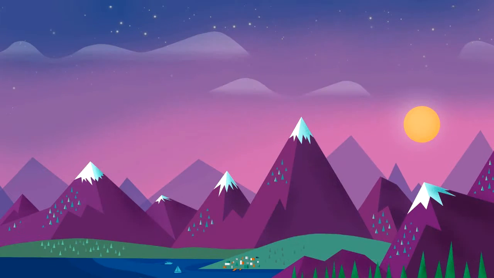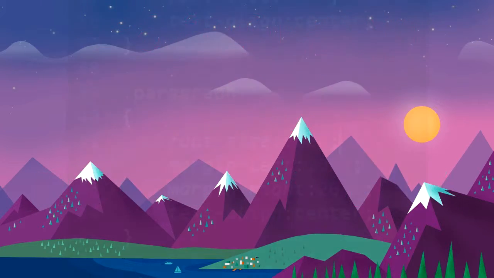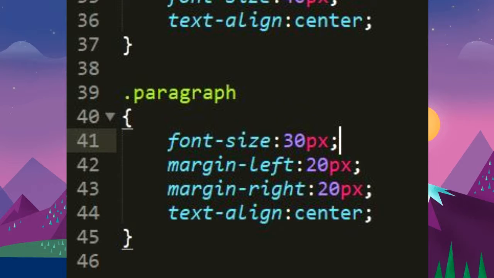That's nice. Then we are going to change the size of the paragraph and move it away from the block. In the CSS part, place dot paragraph, you open, font size 30px for the size, margin left 20px to move it away from the left, margin right 20px to move it away from the right, and text align center to center the text, and you close.